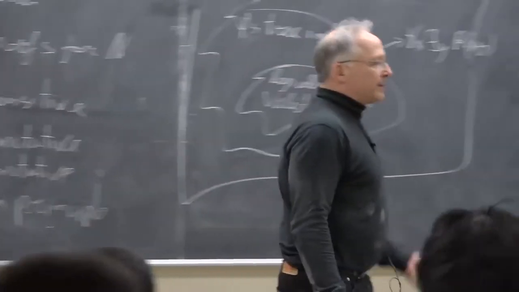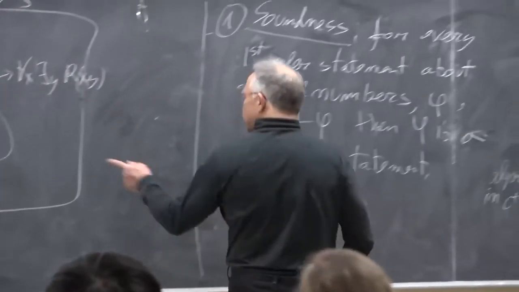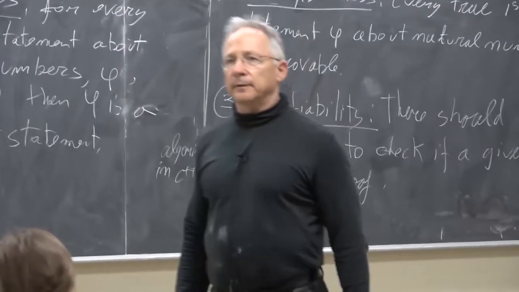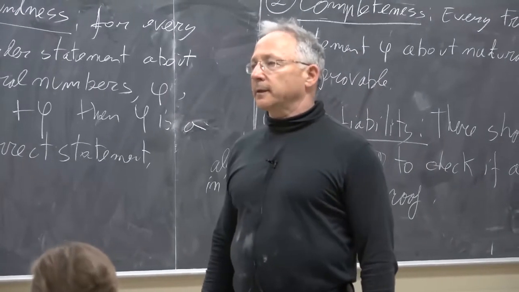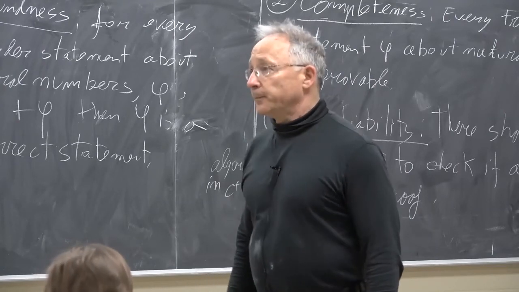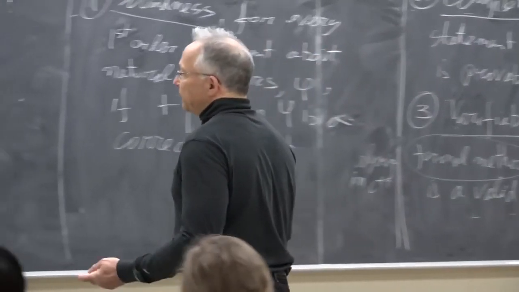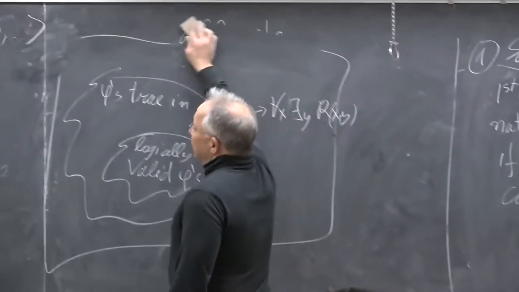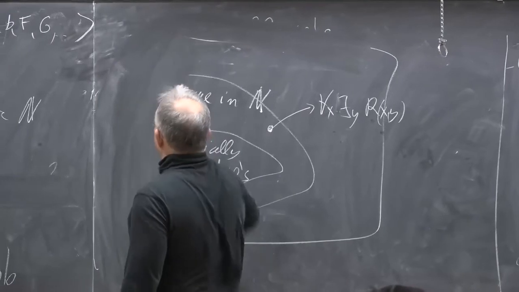Okay, so there was even a suspicion. You say, the Peano arithmetic, which of the three properties does it satisfy? Yes? Soundness and verifiability. Right, it's sound and it's verifiable. So there was even maybe a hope that it can be complete. And now comes Godel and says it's not complete.